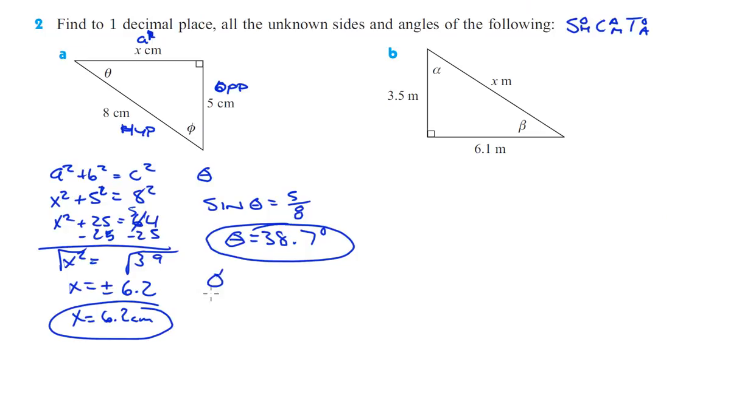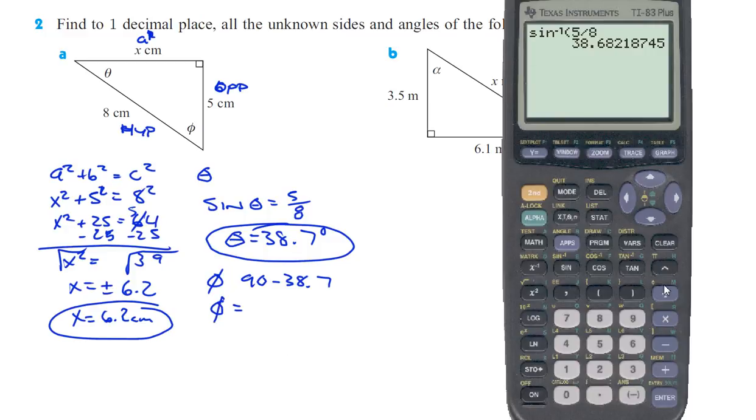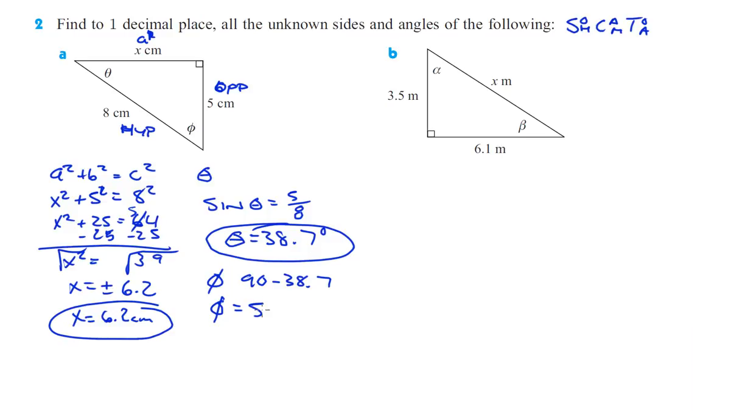So I think that's phi. So what we'd want to do is just do 90 minus 38.7. And that's, oops, not theta, but that's going to give us what phi equals. Okay, so let's do 90 minus 38.7, and that gives us 51.3 degrees.